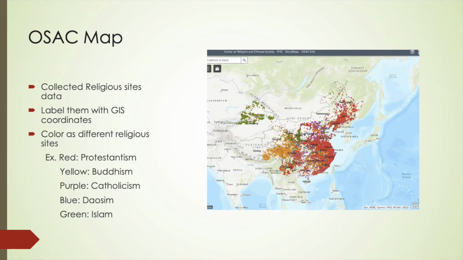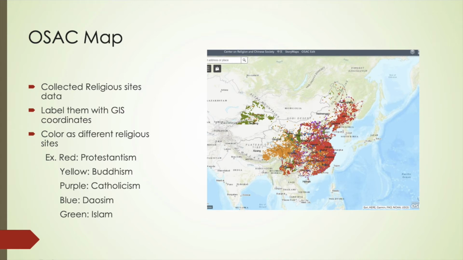So this map is a basic version of our OSAC map. As you can see, the map on the right is covered with different colors of dots. Each dot represents the location of a religious site, while the color represents its religious identity. So, the red color represents Protestantism, which is one of the largest groups in the coastal area, and the color yellow represents Buddhism, which is mainly in the Yangtze River and Tibet region.